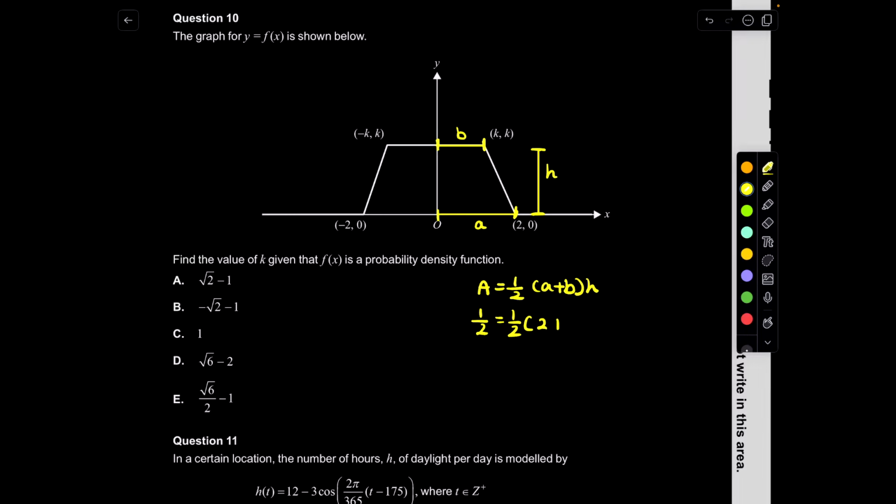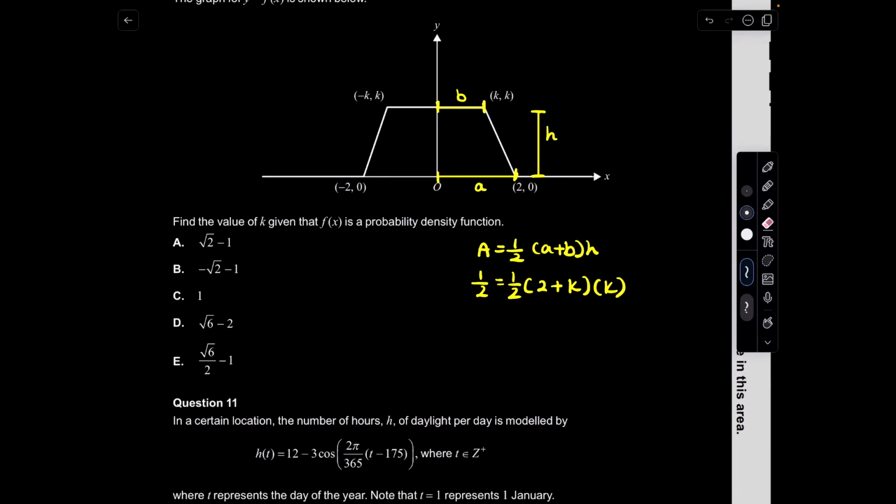So 2 plus b, which is k, times your height, which is also k. So these halves can cancel out, leaving 1 here. Expanding that out, you get k squared plus 2k minus 1 equals 0. And we solve this, and we should be able to get our value.